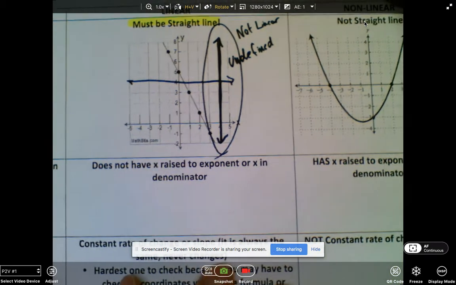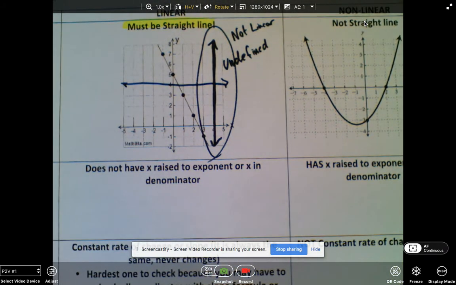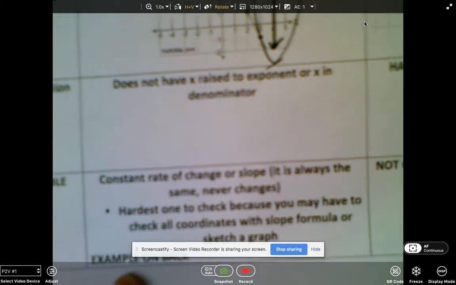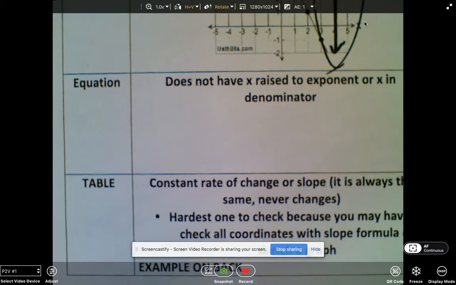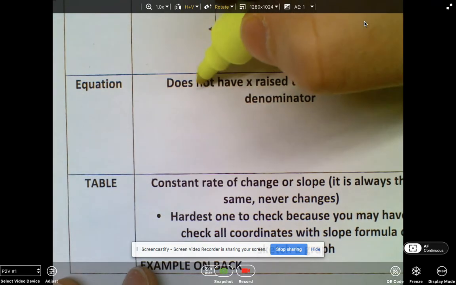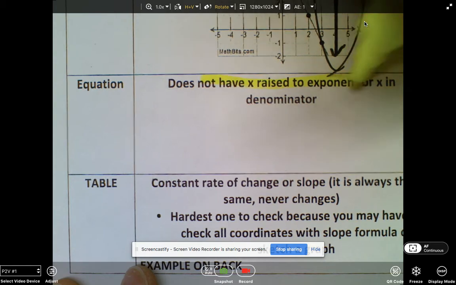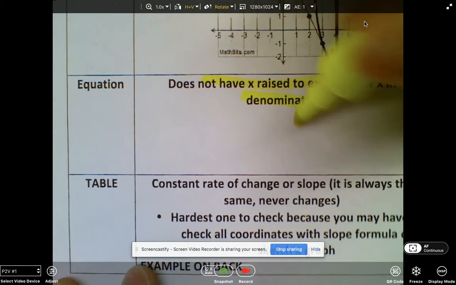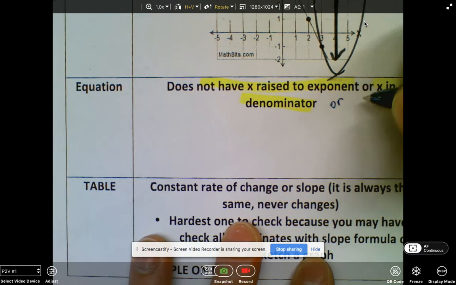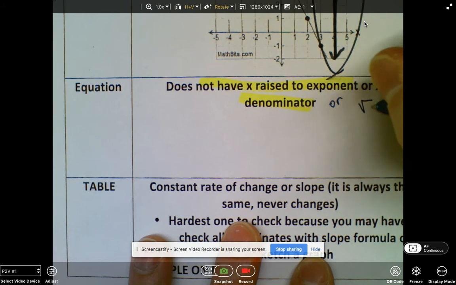All right, hopefully you watched the Jimmy Chang, I think that's his name, video on YouTube for his lesson, because he puts it best. When it comes to equations, pretty much all equations are linear, except the equation cannot have x raised to a power, or x in the denominator, or the other one that I didn't write here, you might want to copy this down, you cannot have a square root of x.